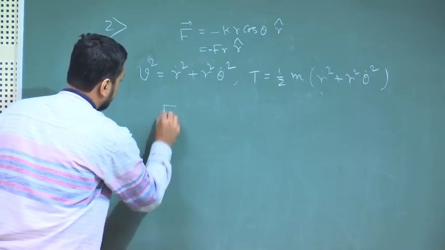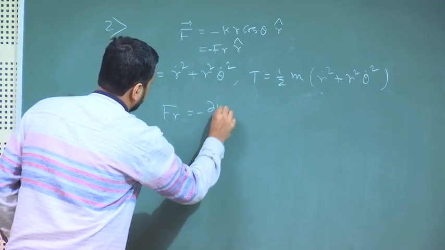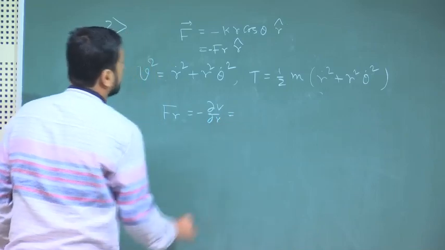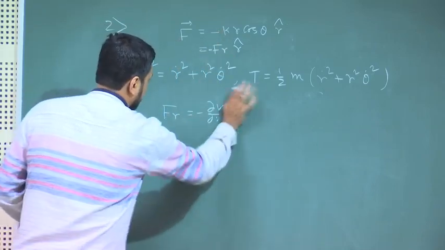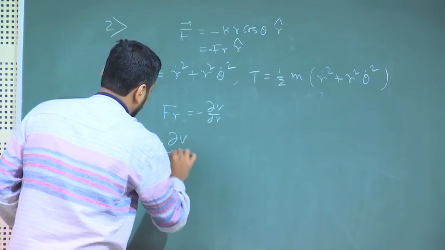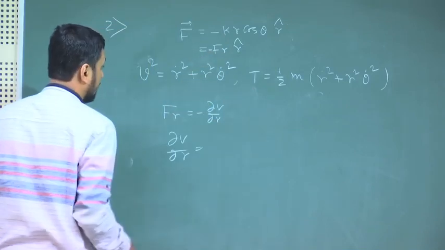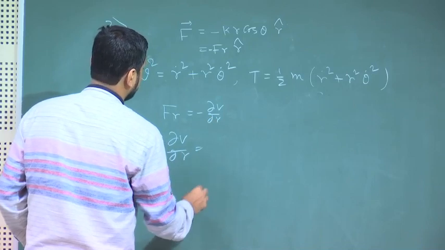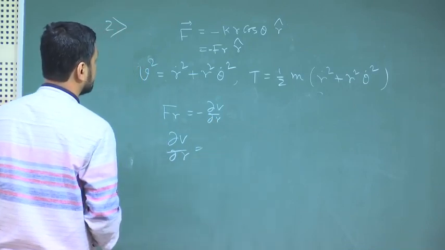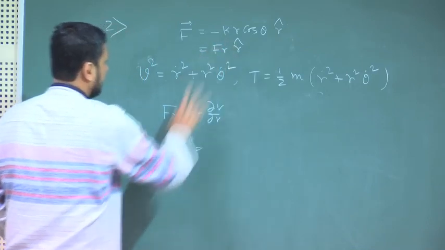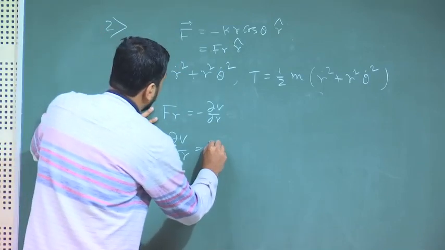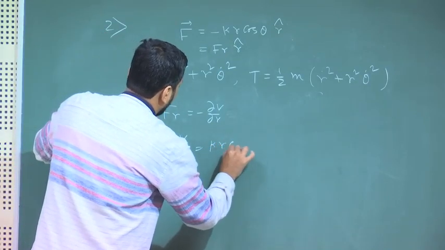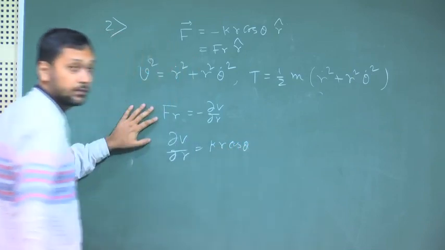So, F r is equal to minus del V del r, which, if we write the expression of F, this is F r, not minus, so the minus sign is included in here. So, we will get k r cos theta.